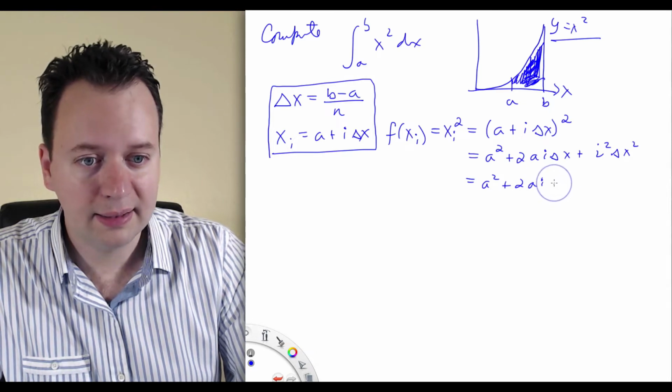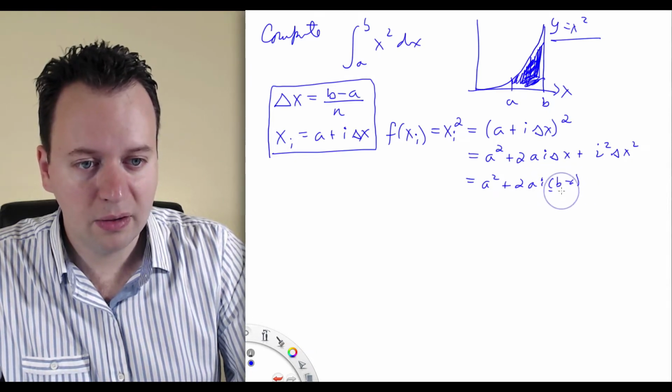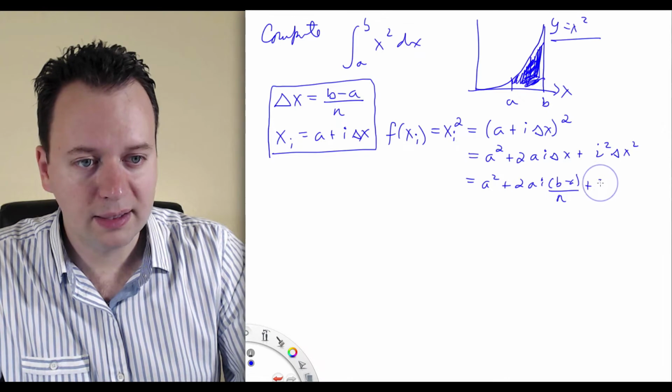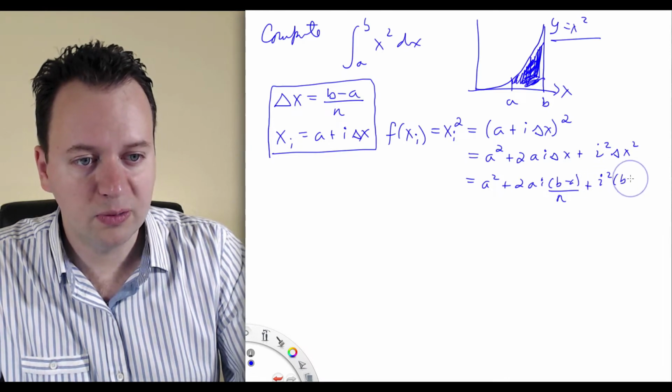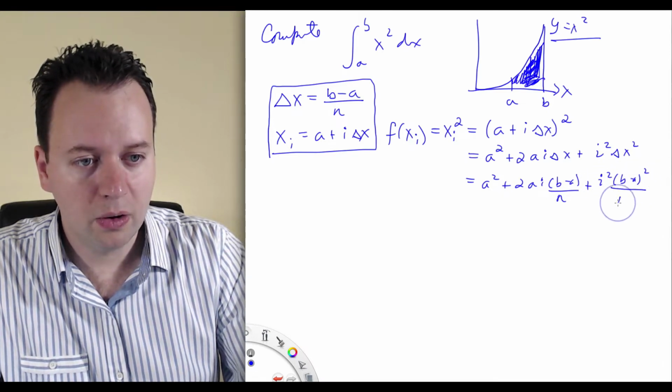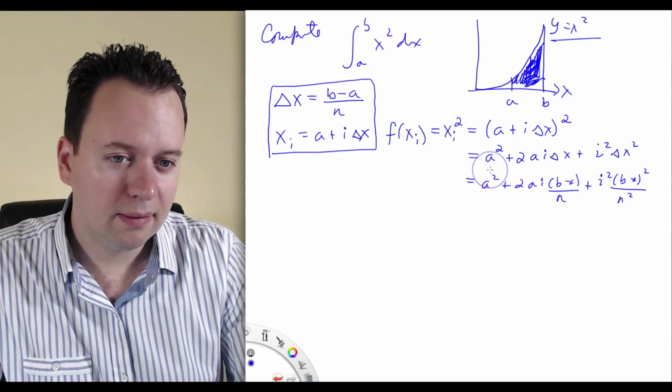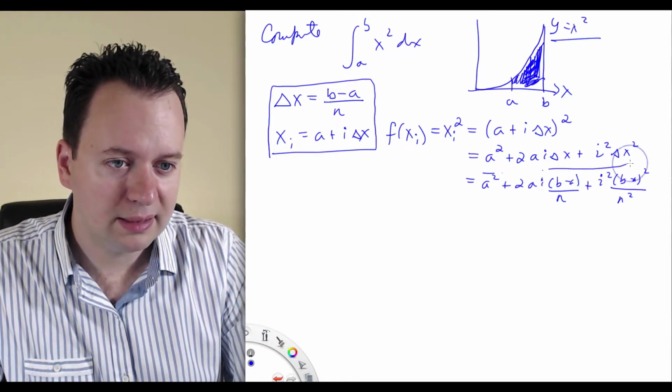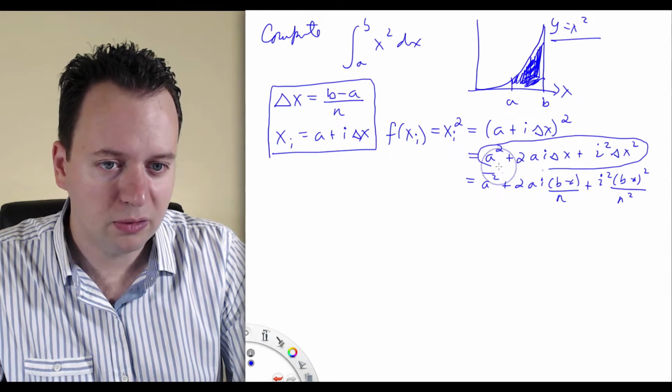Which is equal to a squared plus 2a i times (b minus a) over n, plus i squared times (b minus a) squared over n squared. In fact, we can even just leave the delta x in for now. It might be a little bit simpler.